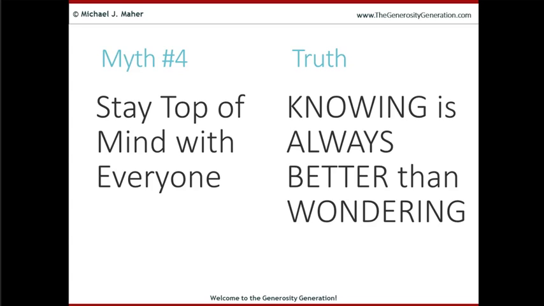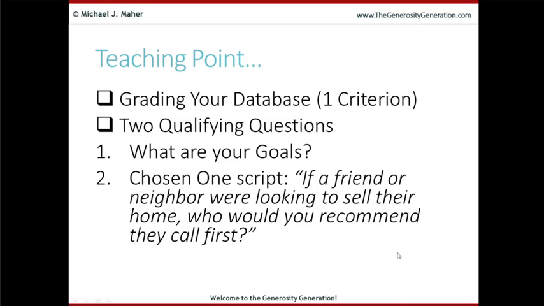The truth is, knowing is always better than wondering. Knowing is always better than wondering. So how do we know? Well, the first thing that we need to do is grade our database on one criterion, not criteria. That would be multiple things to grade it on. There's one reason you have a database. It's to get referrals.